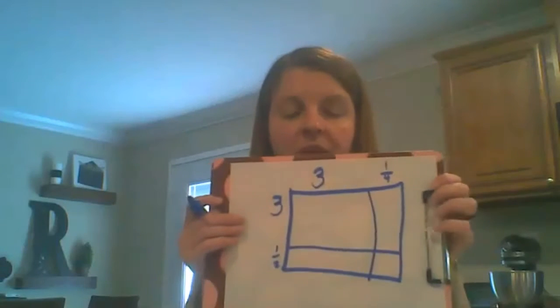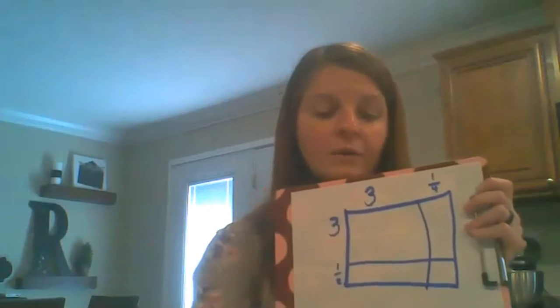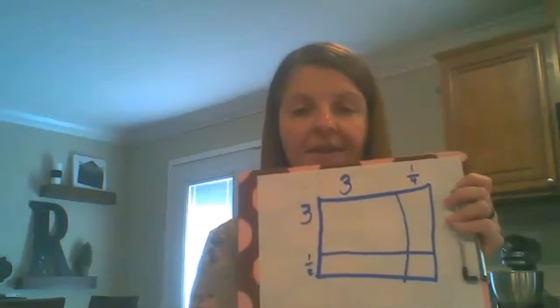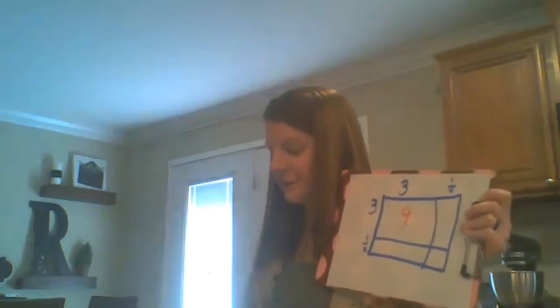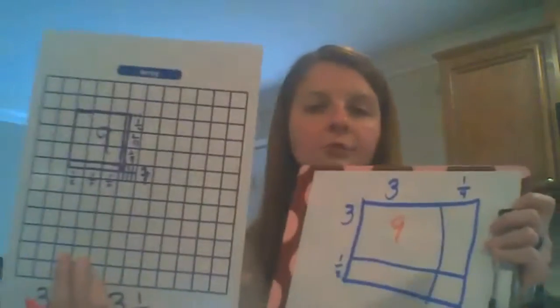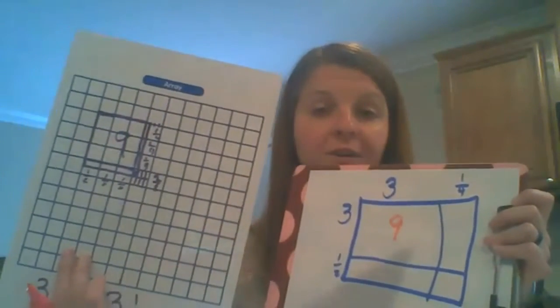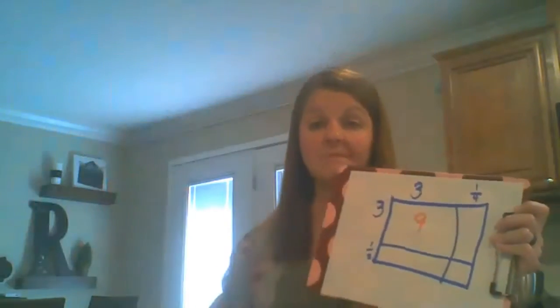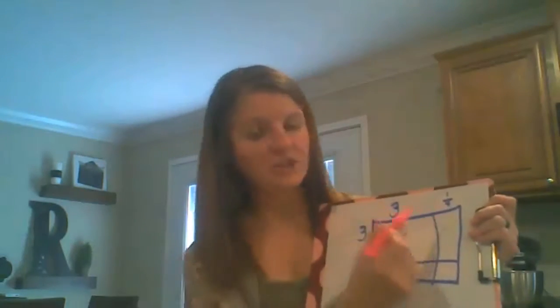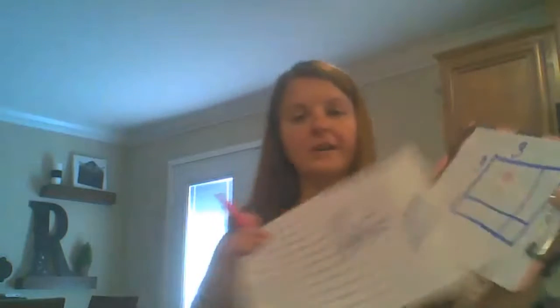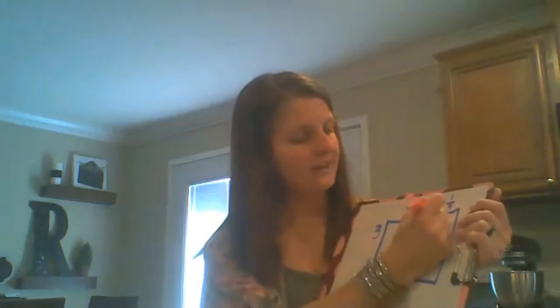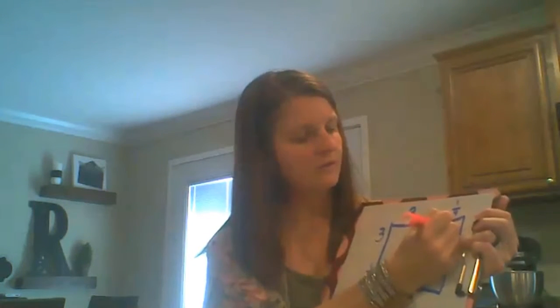All right. So let's look at our whole numbers. We have 3 times 3, which is what? 9. So if we looked at our graph, we know that there's 9 square units within that. That's what that means. This section would be over here where I have 3 times 1/4.